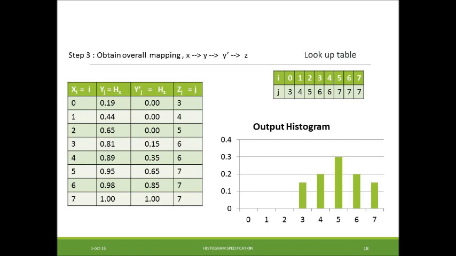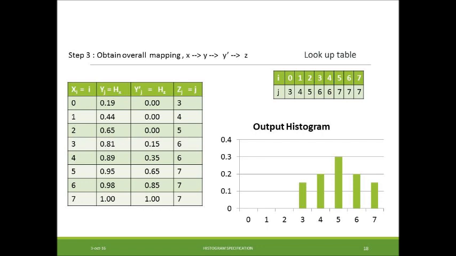Corresponding to 0.35 in Hz, we have the intensity value of 4. So we map i equal to 1 to j equal to 4. So this is the second entry in our lookup table.